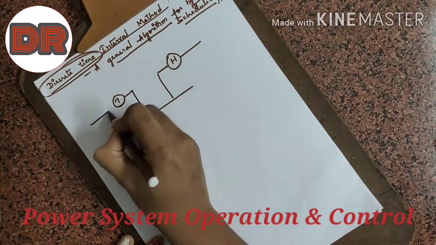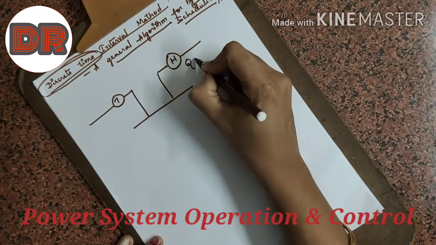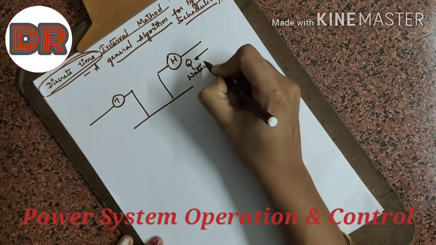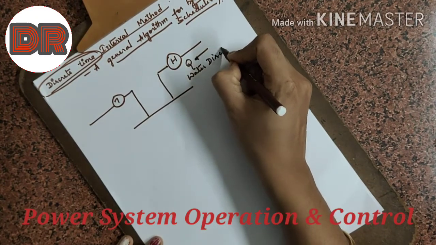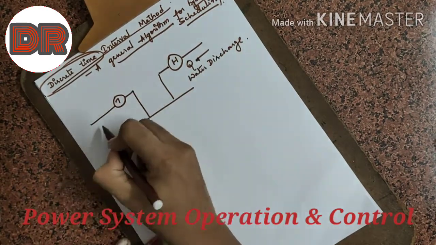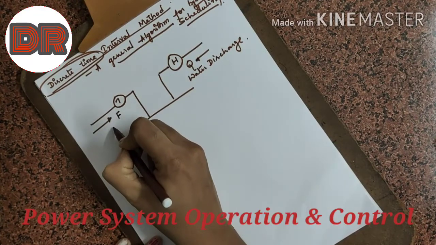The very important constraint for the hydro plant is the water discharge, which is represented by Q. We have taken Q as water discharge in the previous algorithm also. And for the thermal power plant it is F, which is nothing but the cost function.